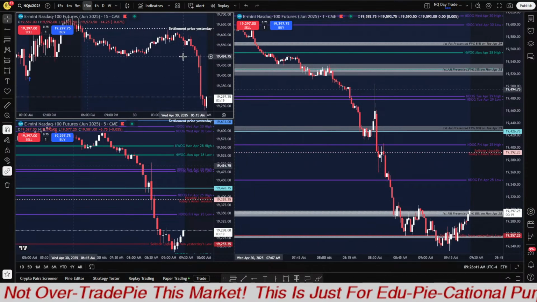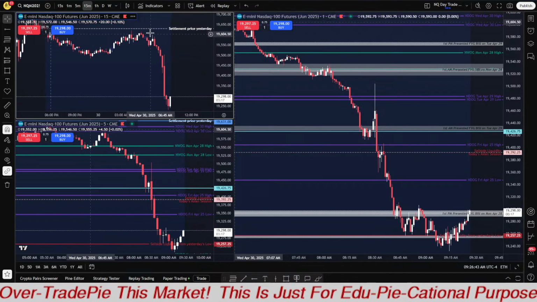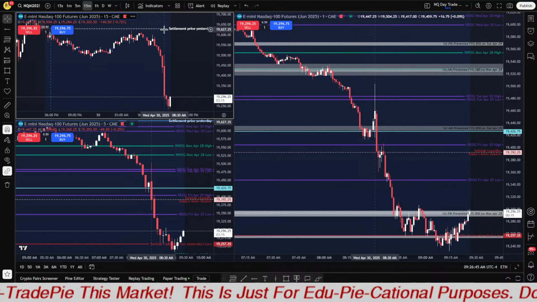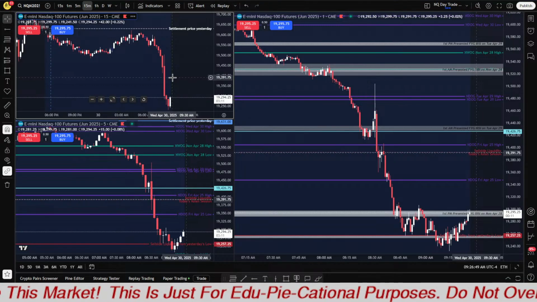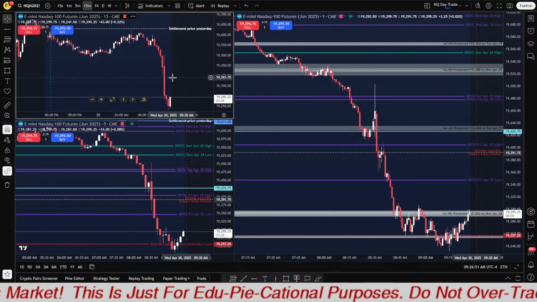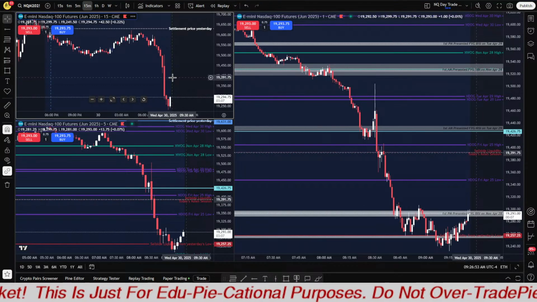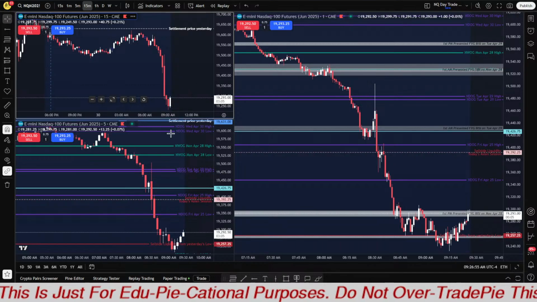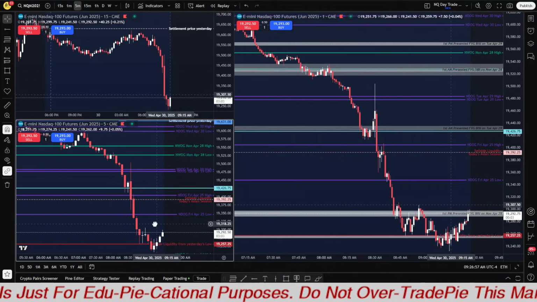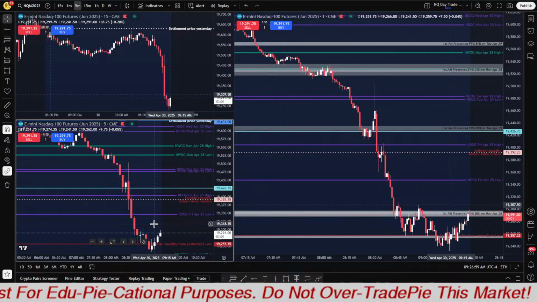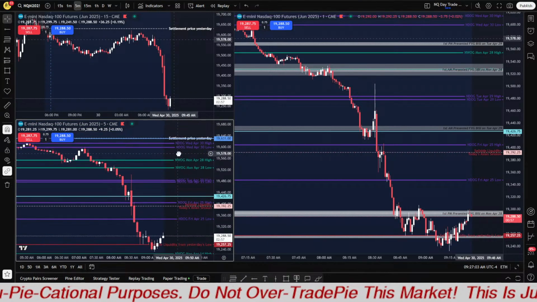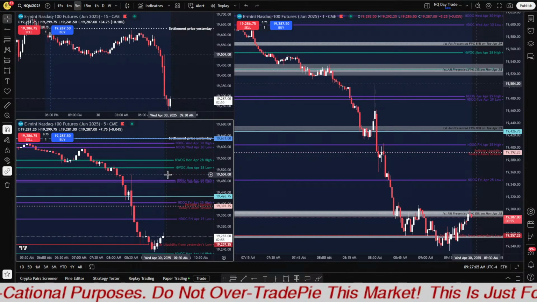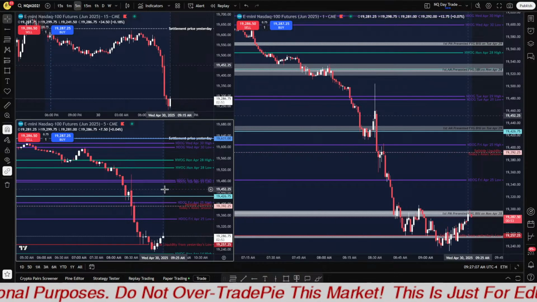Note that the settlement price is almost equal to the buy side liquidity over here, so we are expecting a little run higher in the market for the first 30 minutes, as we do have several new days opening and new week opening above the market price at this moment.